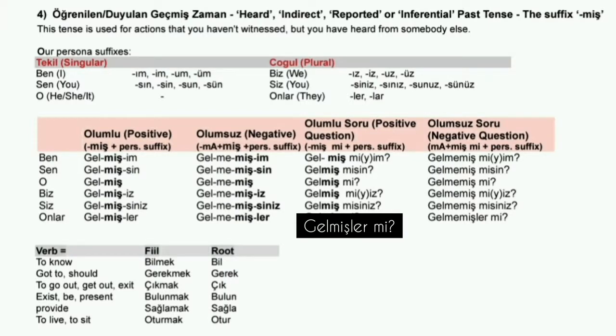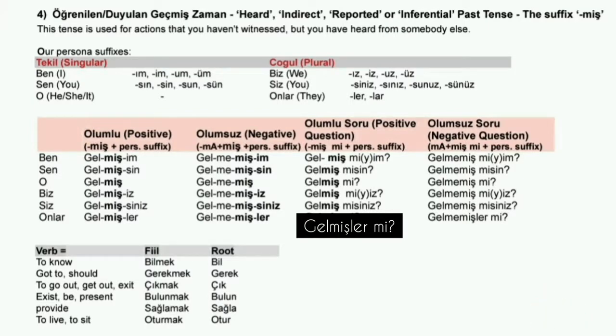Okay, let's give some verbs that you can practice with. To know, bilmek, and our root is bil. Gerekmek, got to, should, gerek. Or to go out, get out, exit, çıkmak, çık.